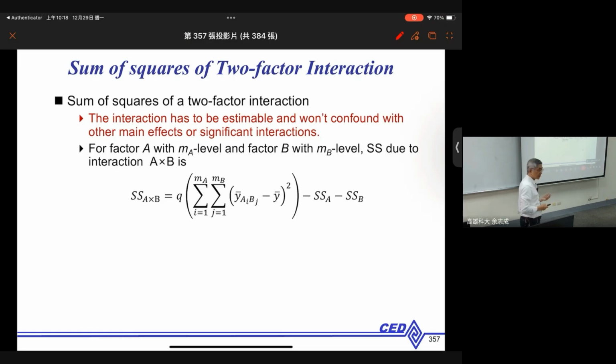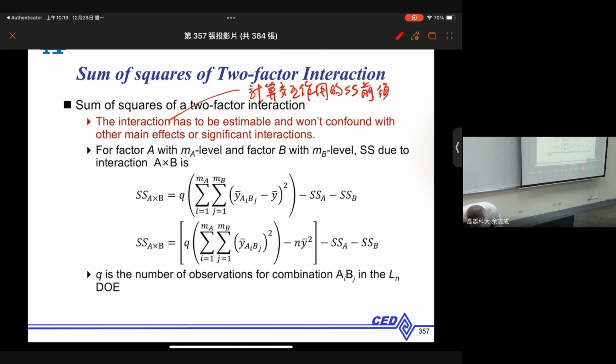So this will be the degree of freedom for interactions. And before you calculate the sum square for this interaction, you need to make sure this interaction is estimable.